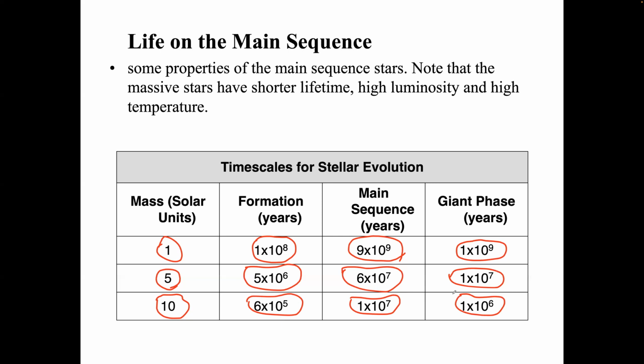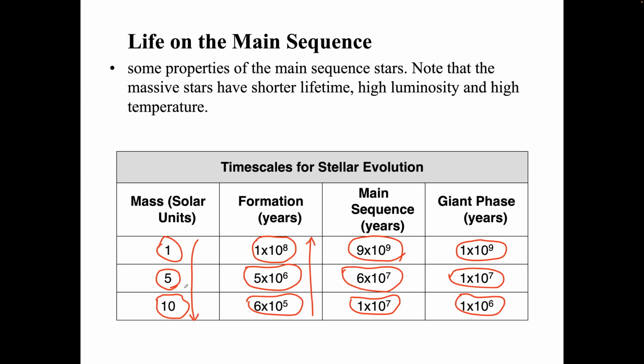Now, what you can see from this data is that when you go from top to bottom, the mass of the star has increased starting from 1 up to 10 solar masses. And the time it takes for the formation of these stars has decreased.